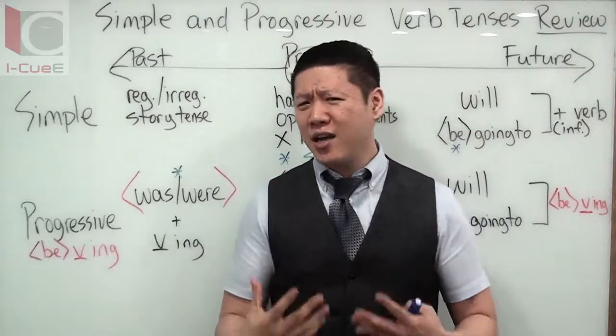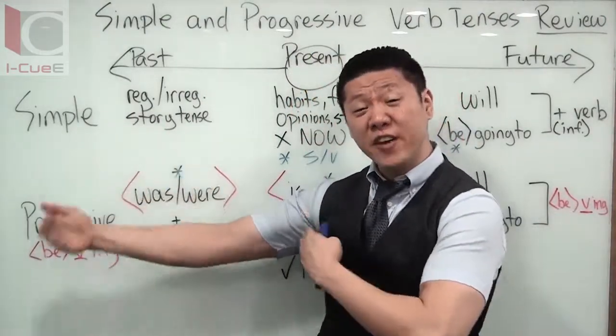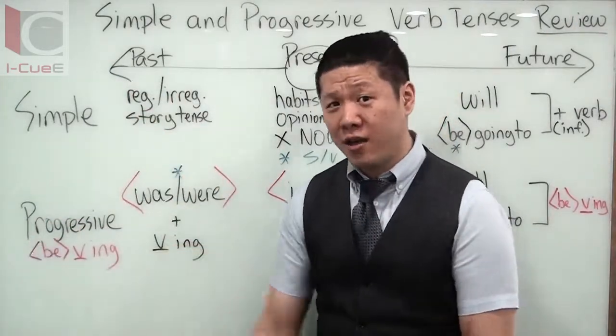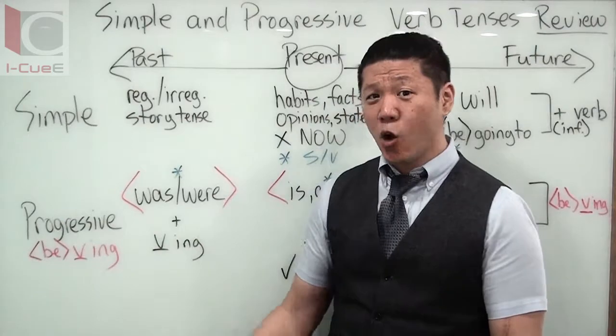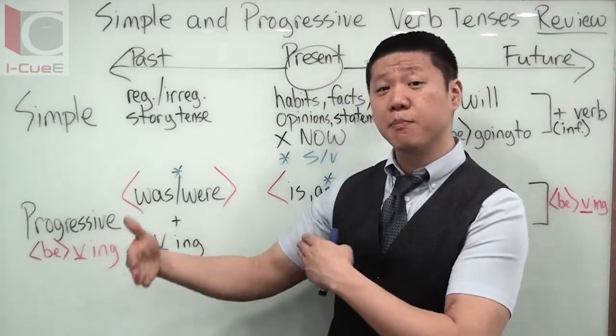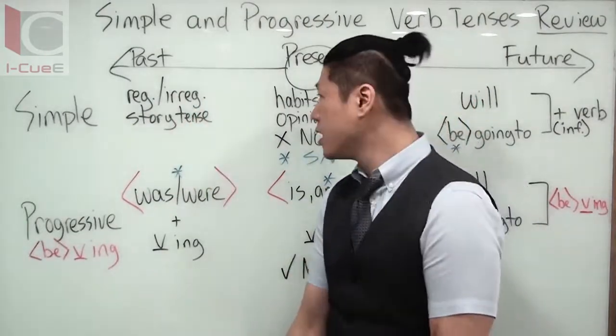And I'm trying to tell them, don't do that. A story that already finished, tell me in the simple past tense. I went on a vacation with my family. We had a good time. Something like that, using the simple past tense, regular, irregular verbs, ed or ied.